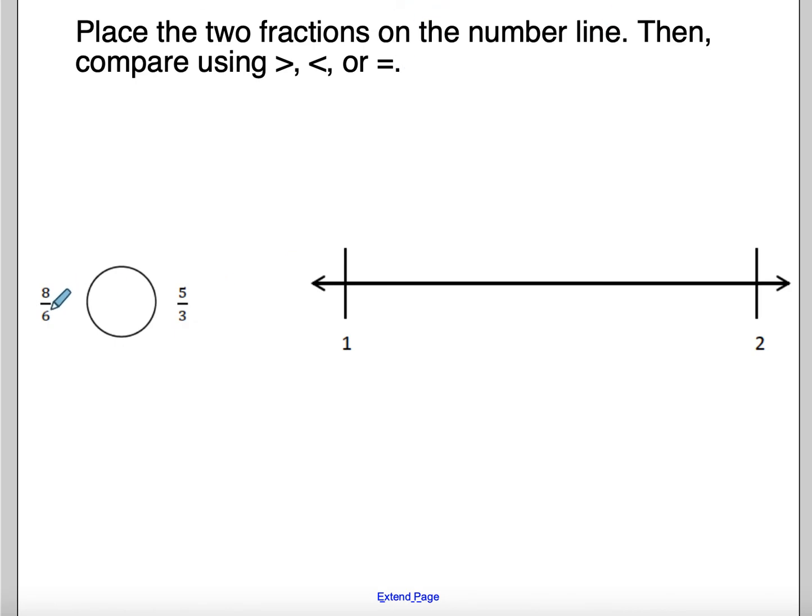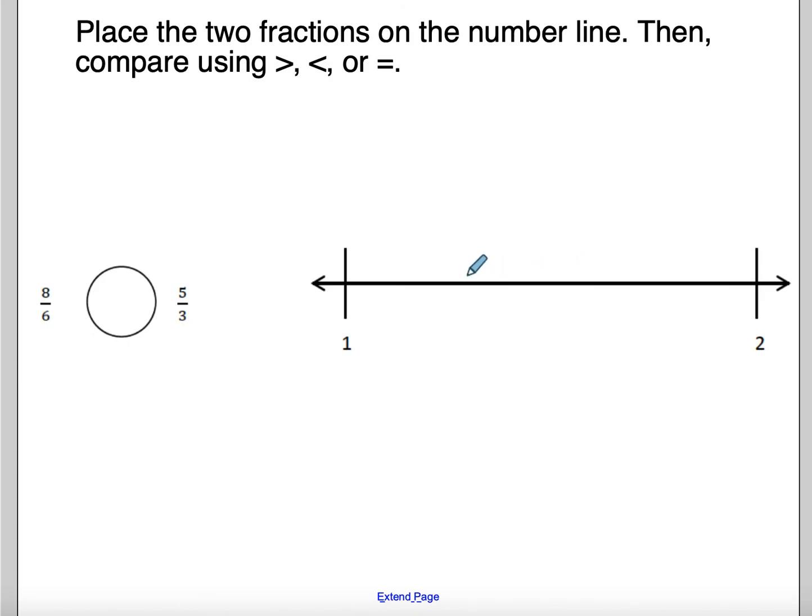All right, so I have 8/6 and 5/3. I noticed right away that it's going from 1 to 2. This is a little different than what we did before, but we have dealt with improper fractions before, fractions greater than 1. So I hope we caught on to that. I'm not starting at 0, but I'm still going to split this into thirds and sixths.